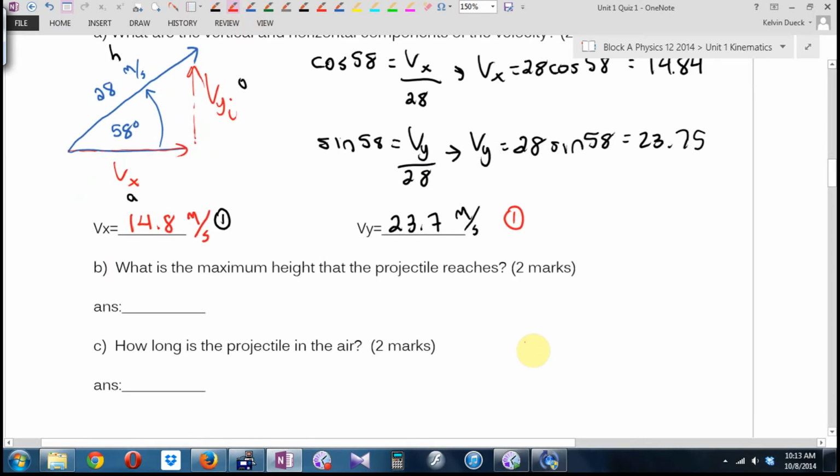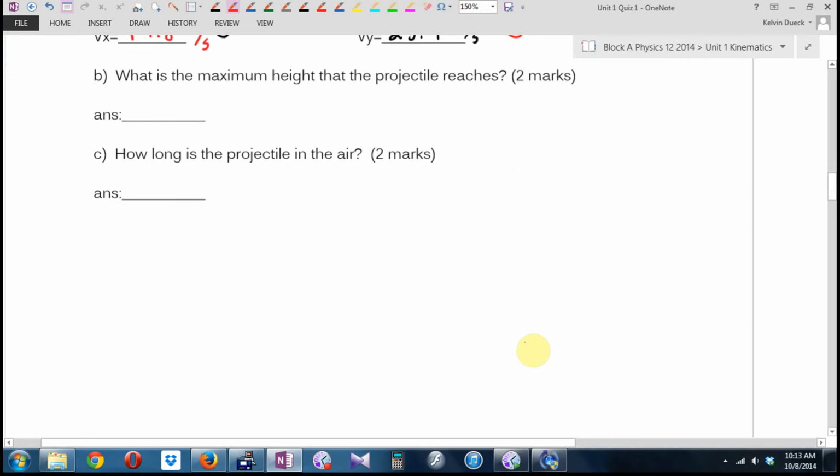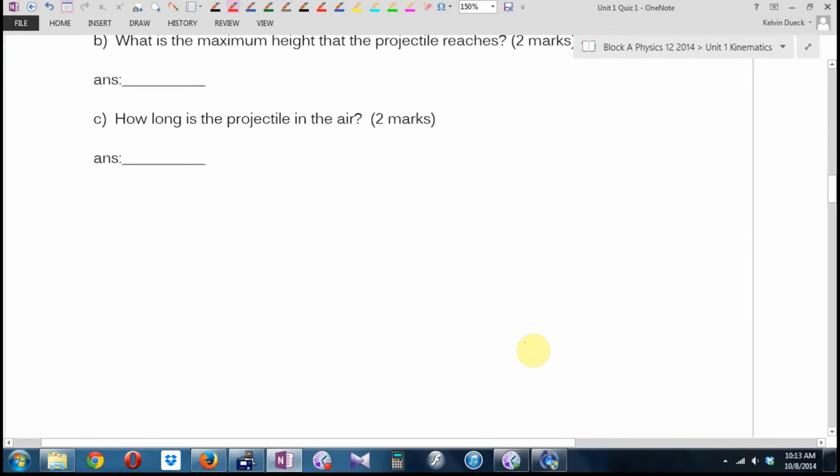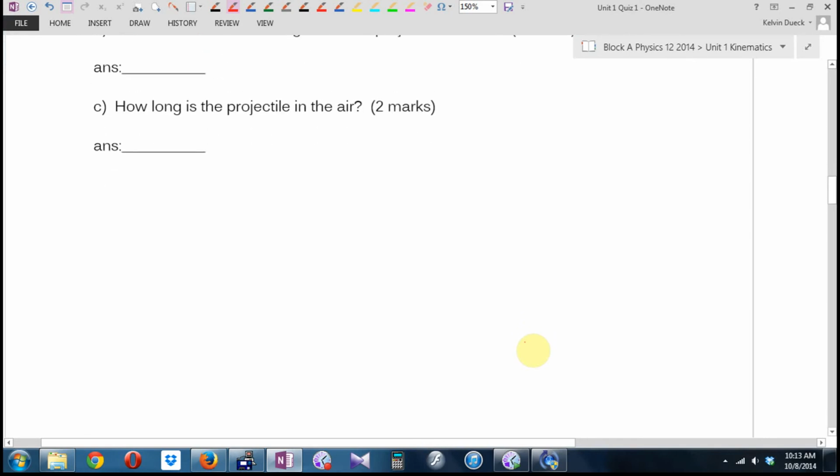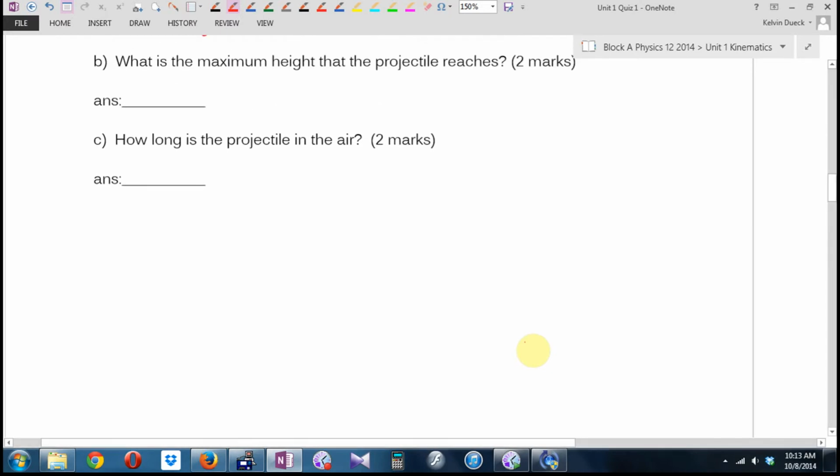B, what's the maximum height that the projectile reaches? And C, how long is the projectile in the air? Okay. Well, maximum height, that means I'm going to be tackling this vertically. So I'm going to say AY is negative 9.8.